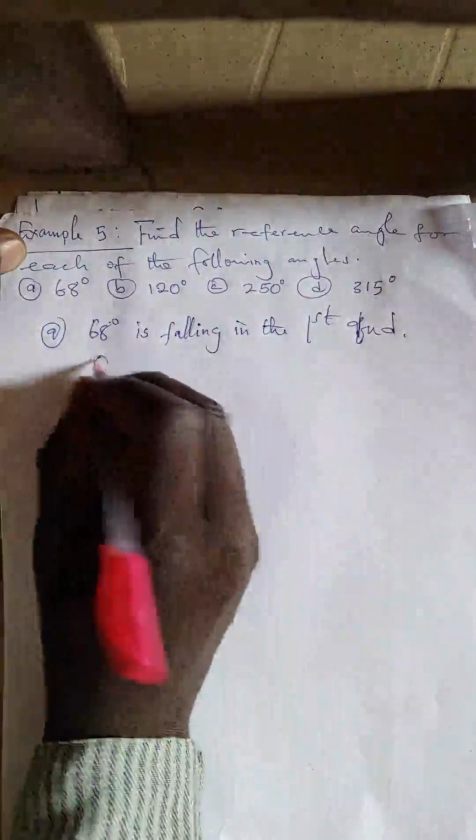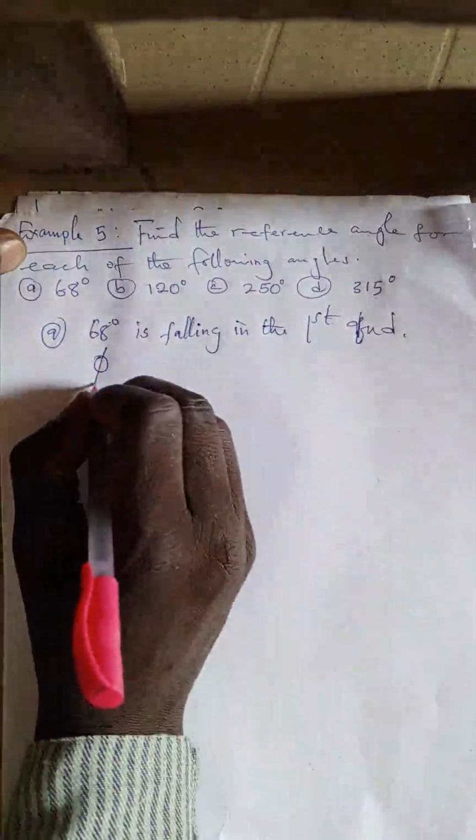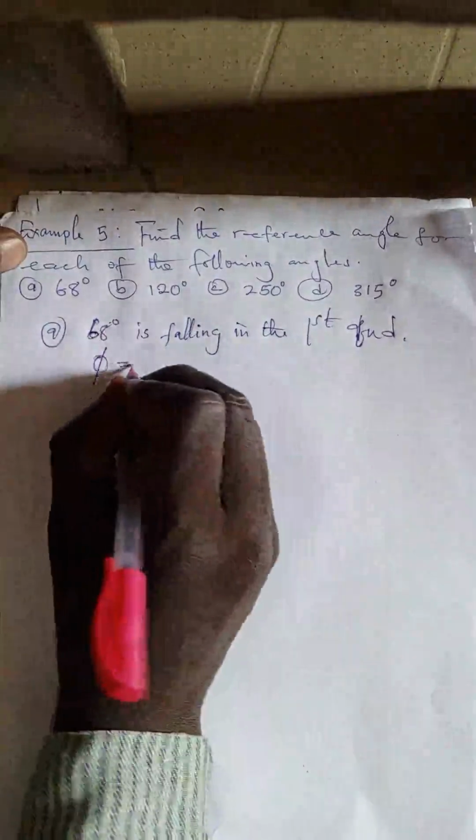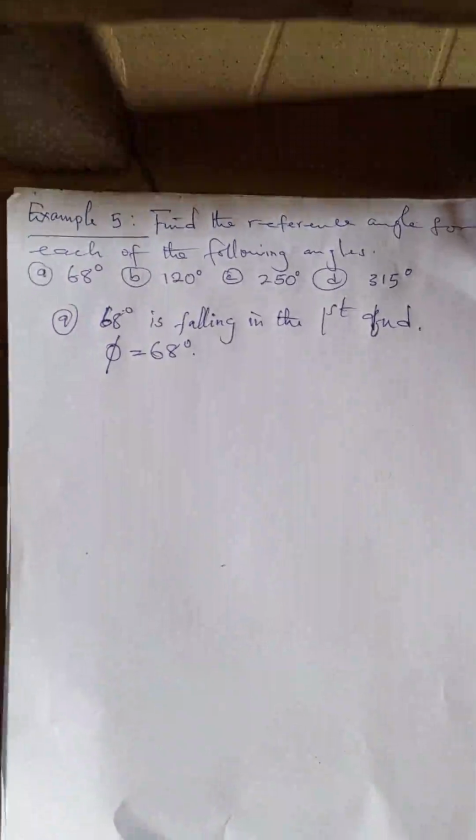And so, the reference angle phi for theta equal to 68 is the same thing as 68 degrees. So in the first quadrant, every angle is its own reference angle. There is no distinction between an angle and its own reference angle.